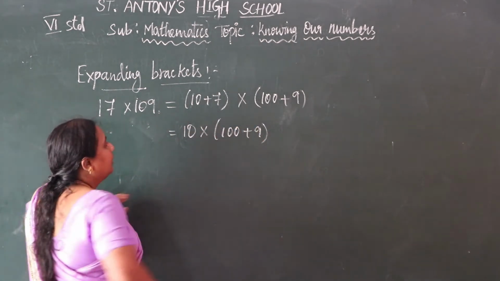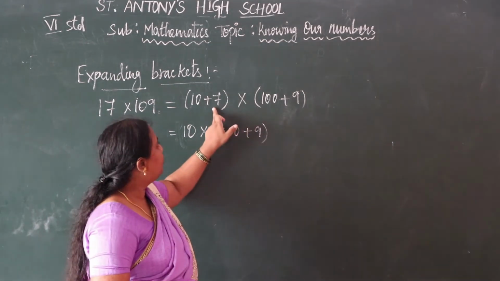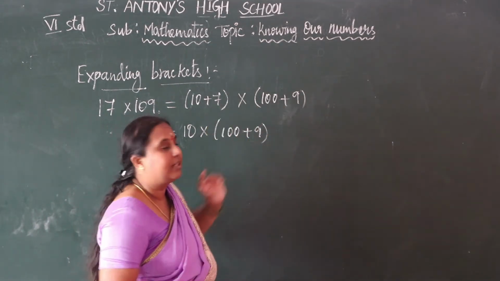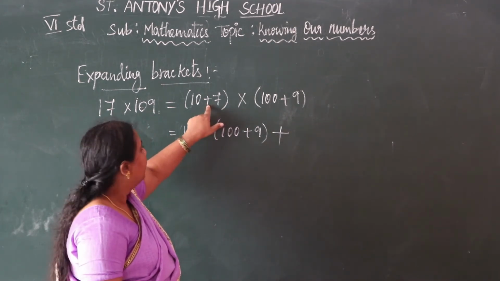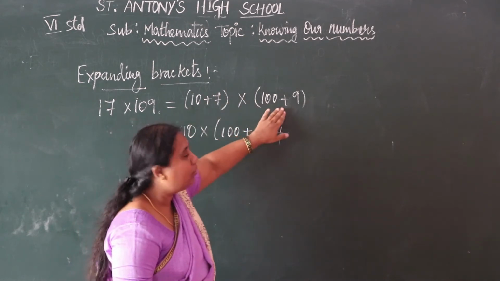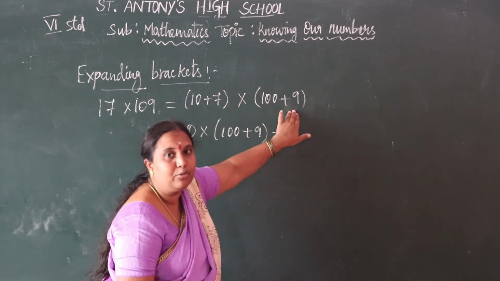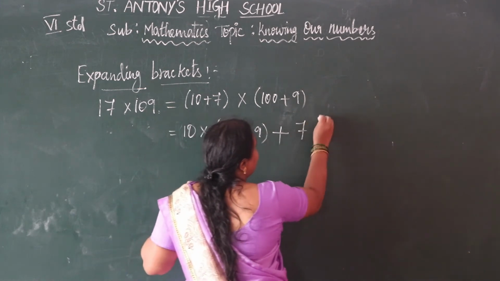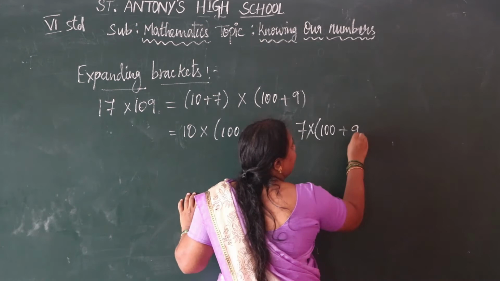Plus, we have plus here: 10 is multiplied to 100 plus 9, plus 7 is multiplied to 100 plus 9.